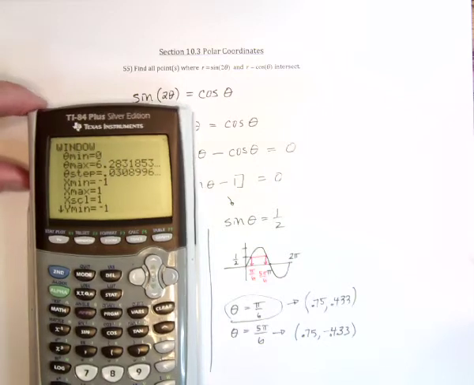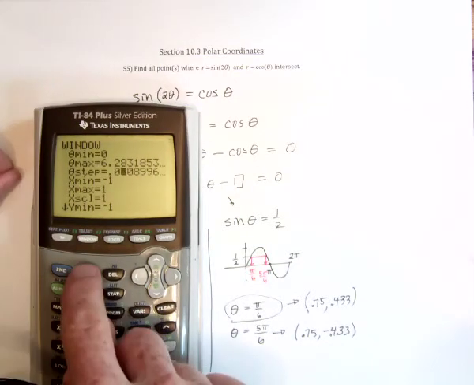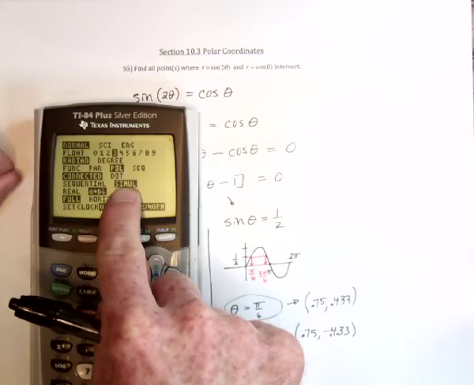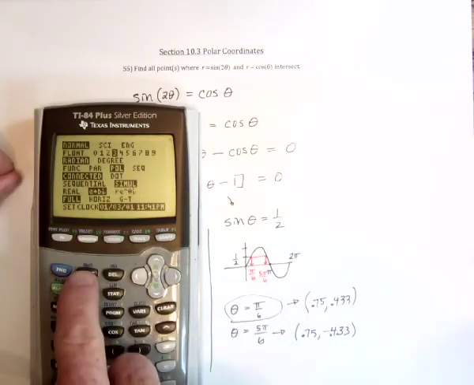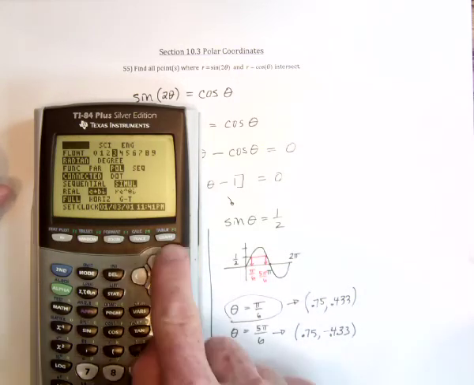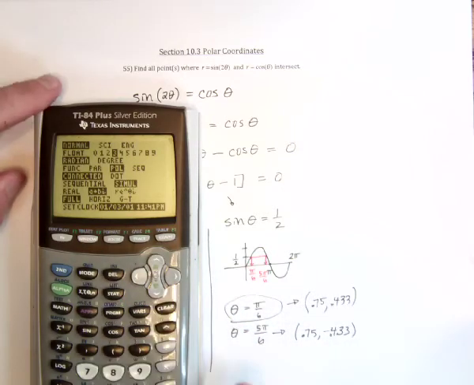And then I'm going to graph them simultaneously. So that's under mode. And the thing is, for these to actually be intersection points, they have to get to the same place at the same time. So watch and see if it gets to like this point and this point at the same time.